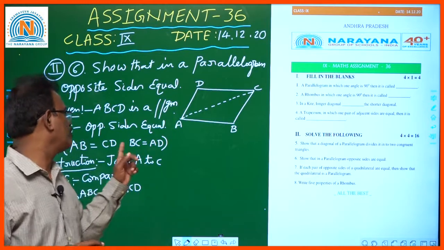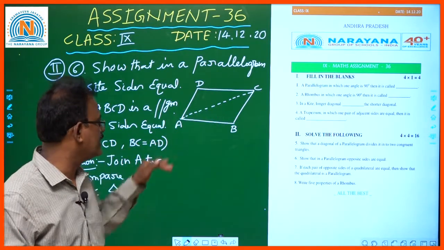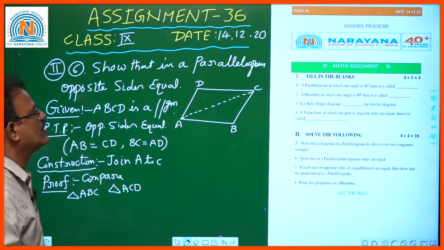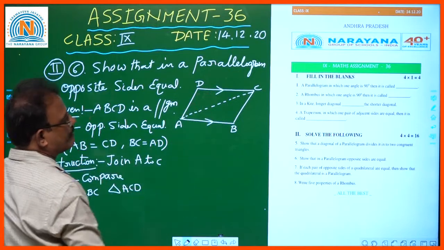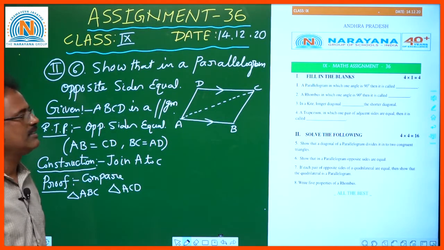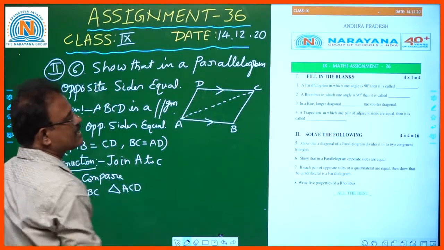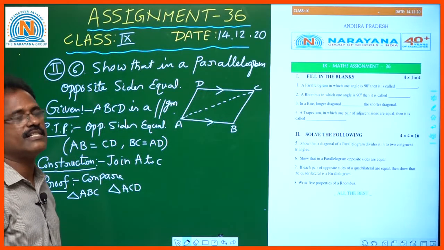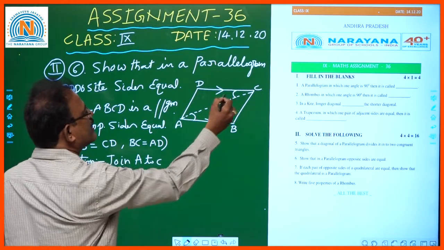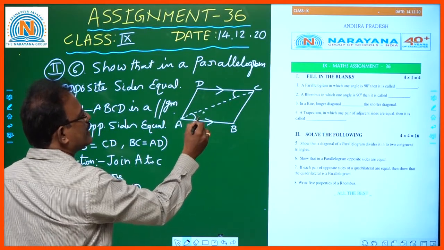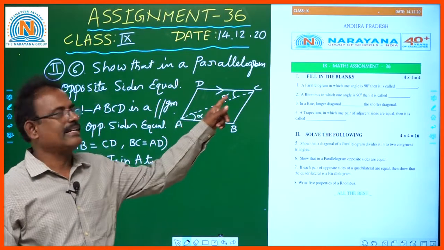As we are going to approach opposite sides are equal, so those pairs are not considered here when we are comparing these two triangles. Okay, but we know that in parallelogram opposite sides are parallel, so we are going to use that. So from this, when AB is parallel to CD, AC is considered as transversal line. So in that case, this angle and this angle become equal. Let us say this is alpha, this is alpha, due to alternate interior angles.